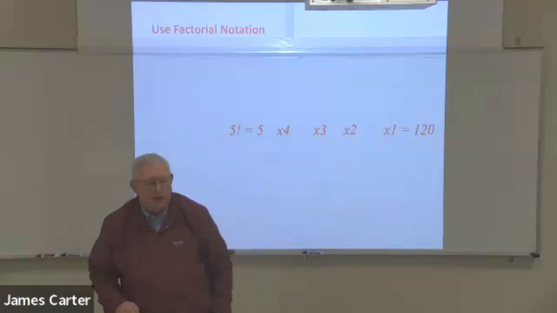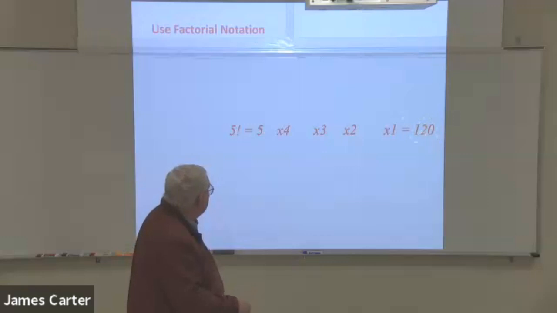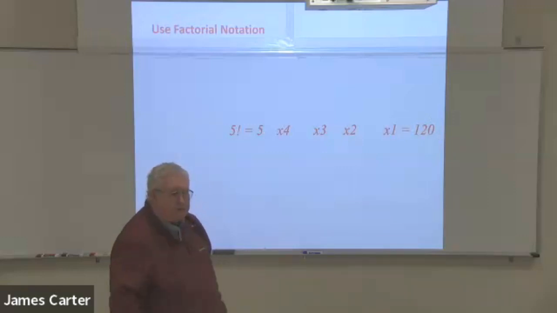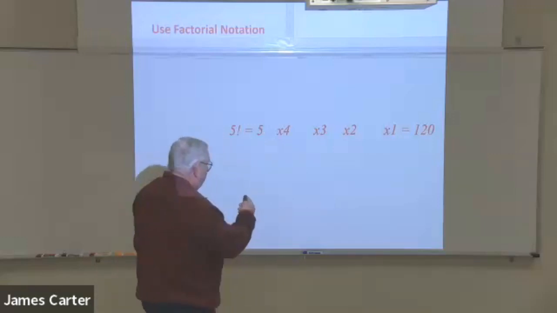Okay. If we had 6 factorial, then we'd have to take 120 times 6 and get an answer of 720. Because 6 times 120 is 720. Okay. So that's how factorials work.